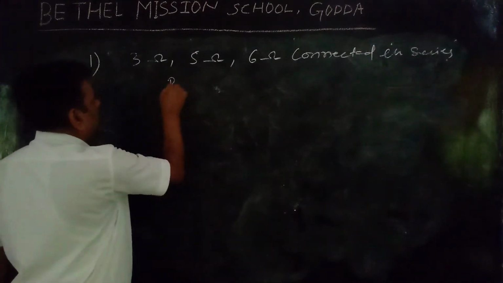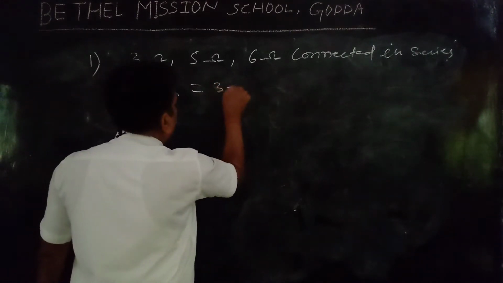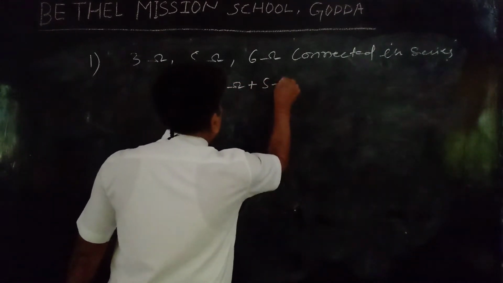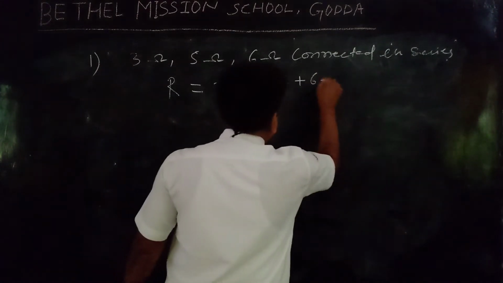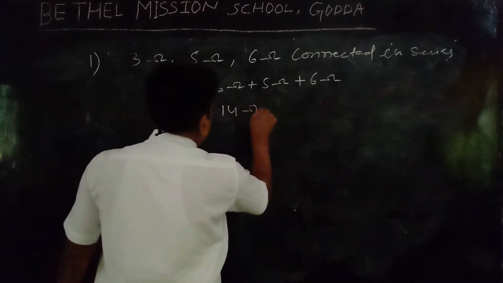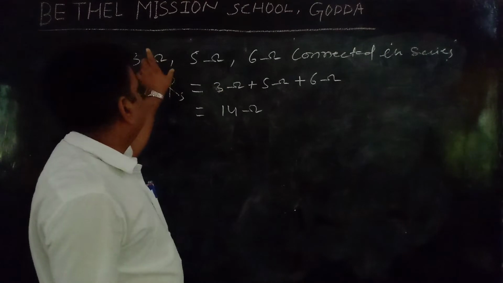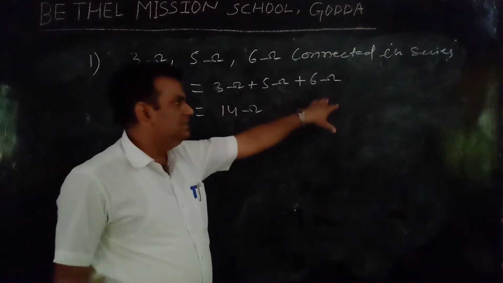So the equivalent resistance R equals the sum of all three: 3 ohm plus 5 ohm plus 6 ohm. It becomes 14 ohm.